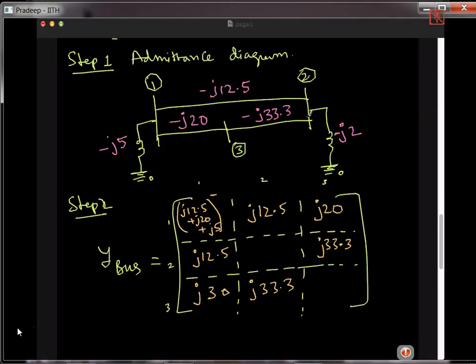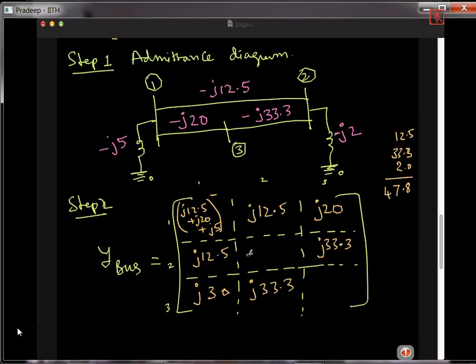So at bus 2, if I add everything in row 2, 12.5 plus 33.3, and I have to add the 2 also. So this is 0.8 and this is 7 and then 47.8.